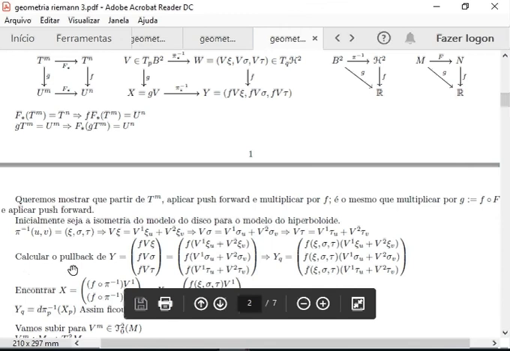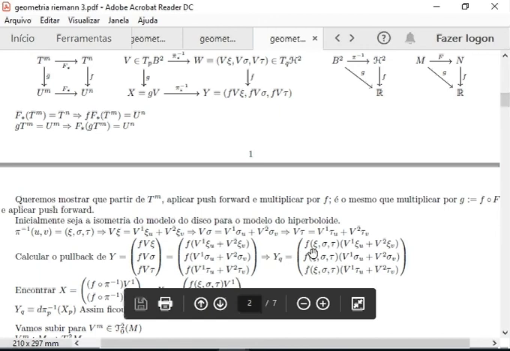To calculate the pullback of big Y, equal to F V Xi, F V sigma, F V tau, equals F of the sum, F of V1 tau U plus V2 tau V. What is big Y at point Q?